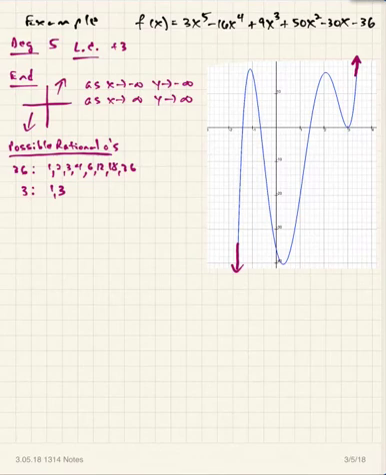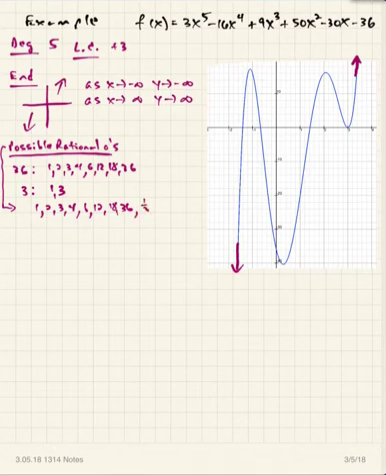So you take all of those factors and divide them by 1, and then you take them all and divide them by 3. The possible rational zeros: divided by 1, you just get that list back, so 1, 2, 3, 4, 6, 12, 18, and 36. Then you divide them all by 3 also.